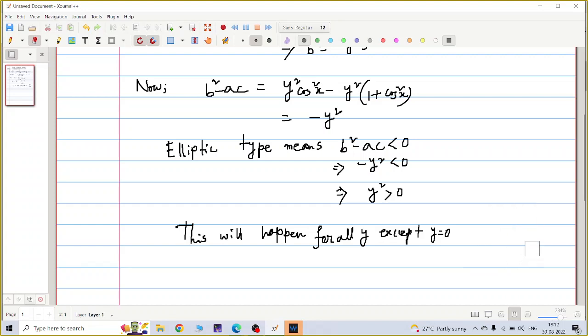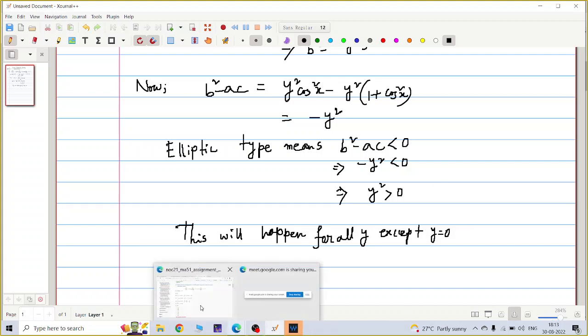So the answer is that it will be of elliptic type when y square is positive, but we know that y square is always non-negative, either positive or zero. So it will be of elliptic type for all y except the line y equal to 0, that is, except the x-axis.